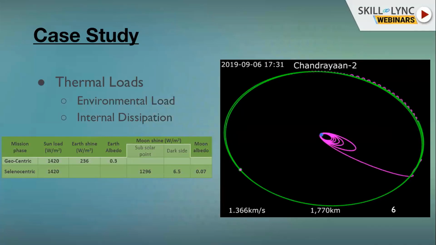So there are some ways to do it, which we cannot talk about in this webinar. So this is how Chandrayaan-2 faces all its heat sources, and what the thermal loads are. This is the first step for starting the thermal design for Chandrayaan-2.